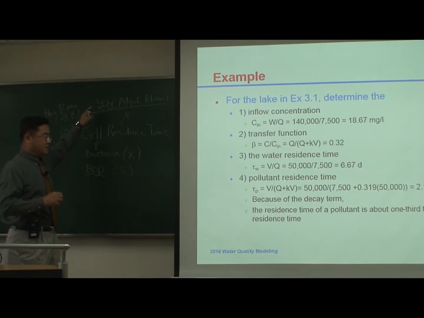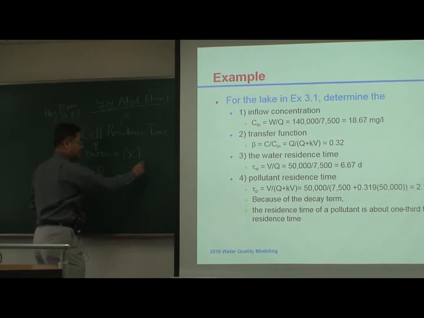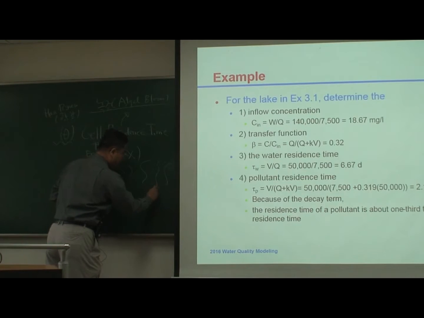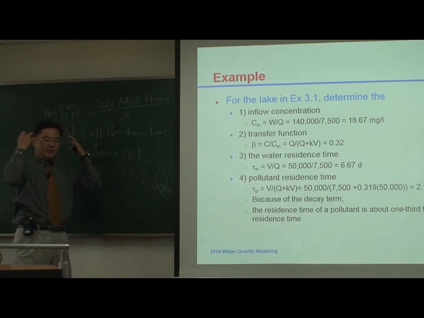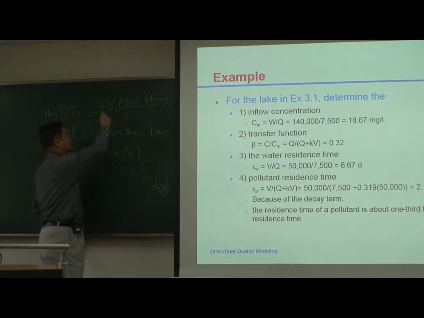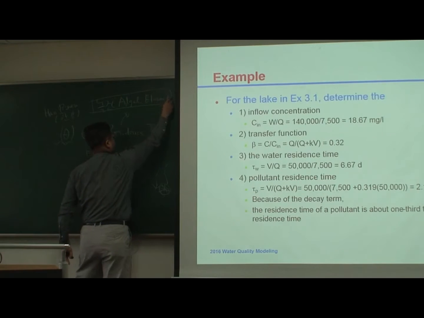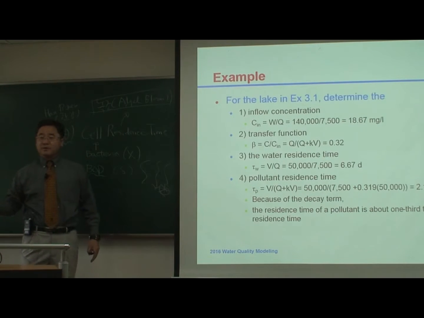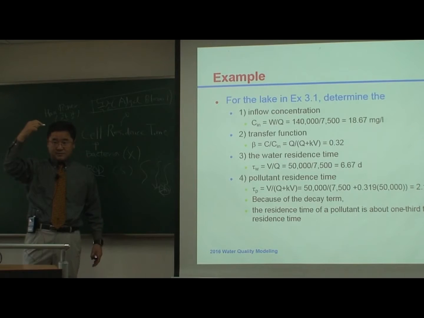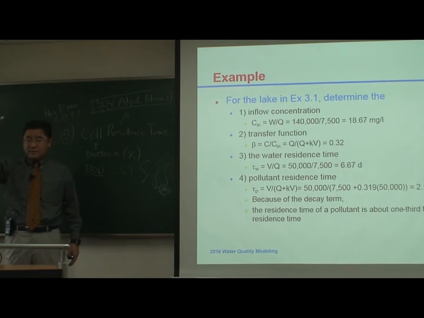But here, anyway, for you, during the course of flow, if we have some problem, we want to know why. The cause of this issue will be phosphorus, the pollutant.